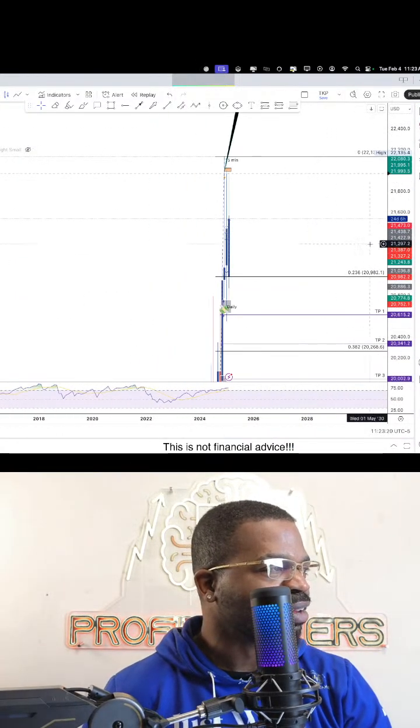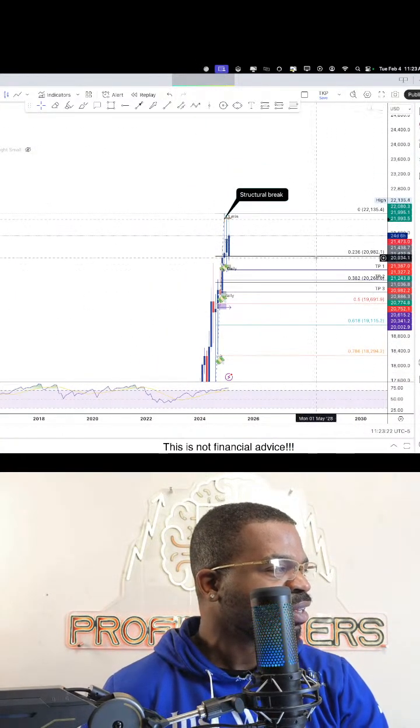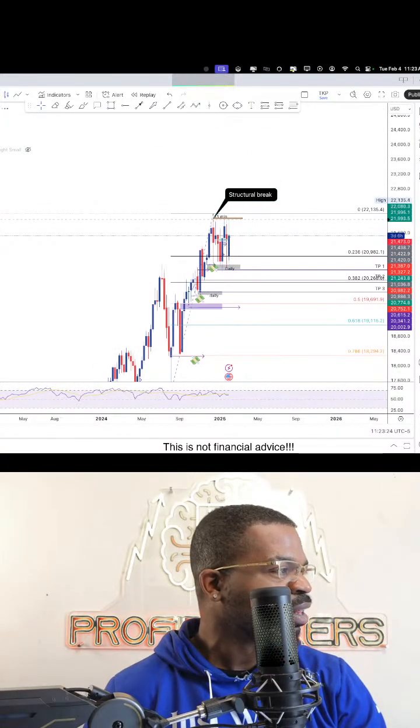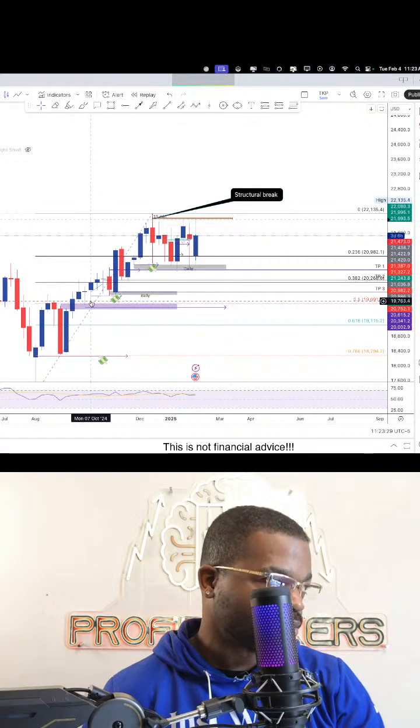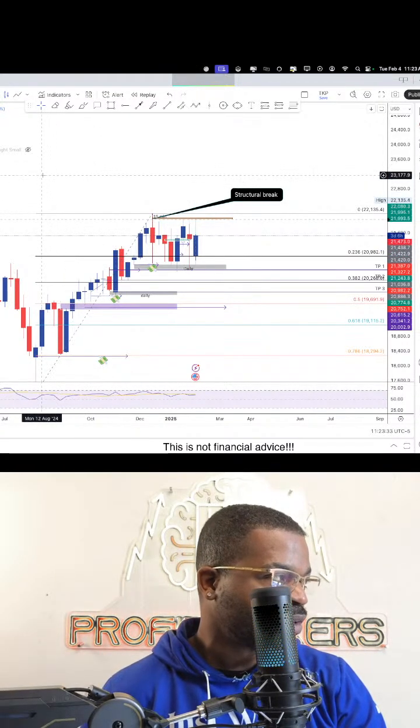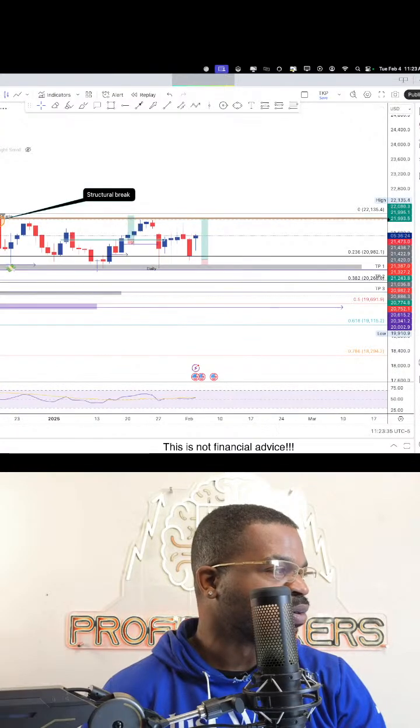Let's take a look at NASDAQ. This is a key level we're fighting at right now on the weekly.